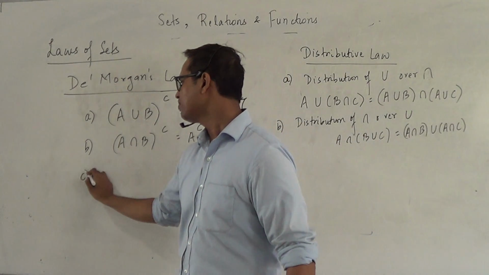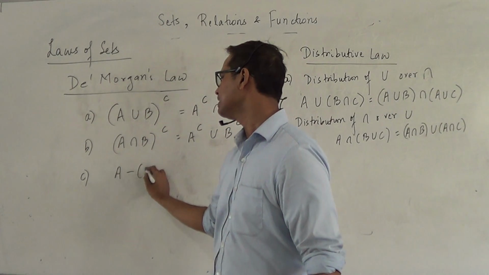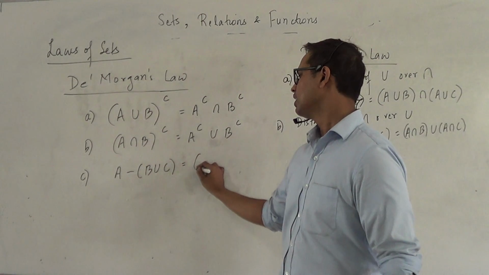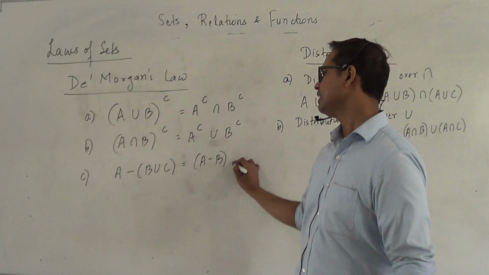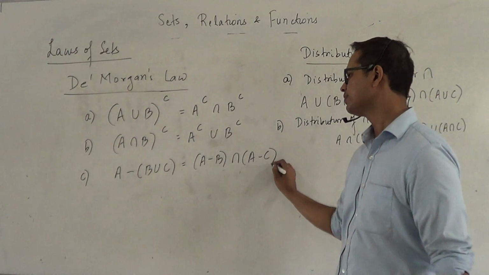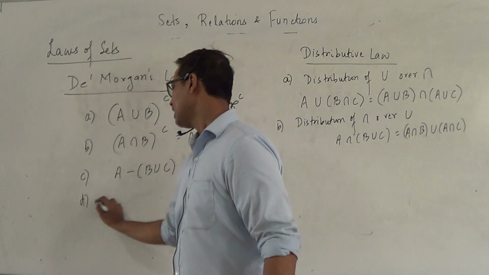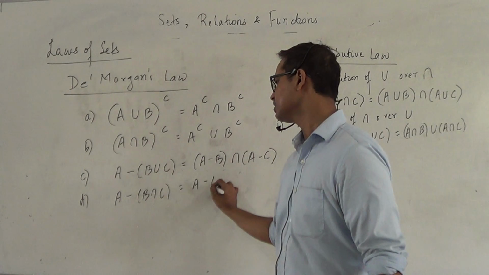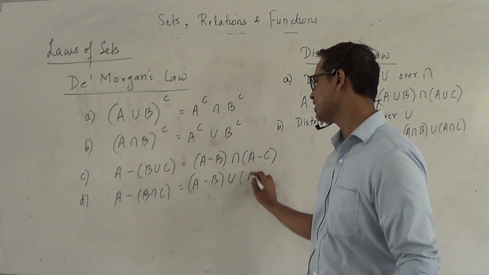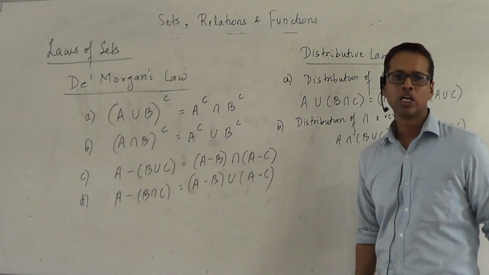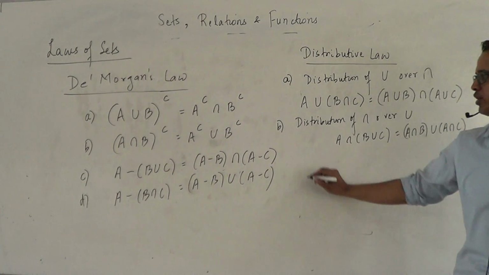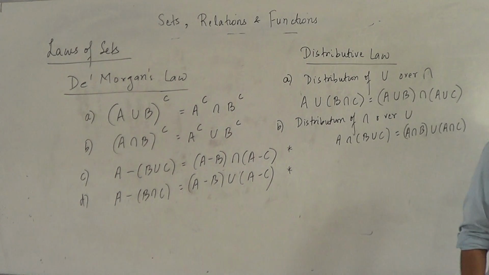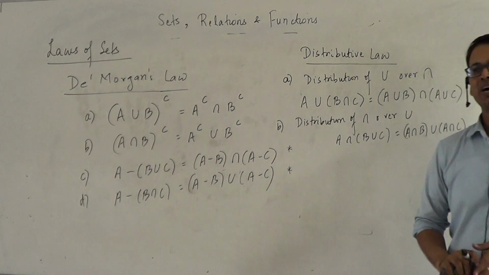And there are two derived laws from it, which are A minus B union C is A minus B intersection A minus C, and A minus B intersection C is A minus B union A minus C. Now guys and girls, I would like you to spend some time proving C and D by using laws.